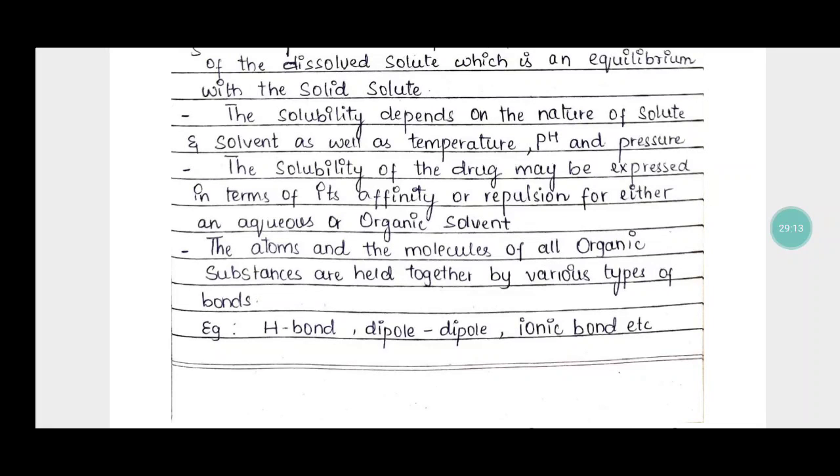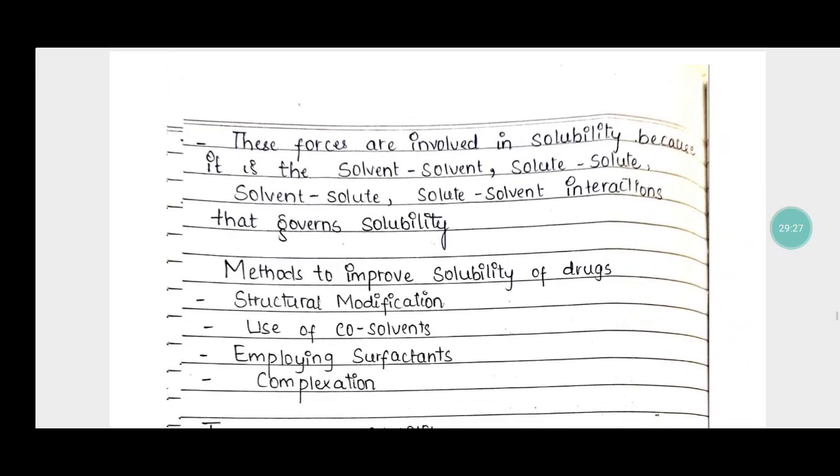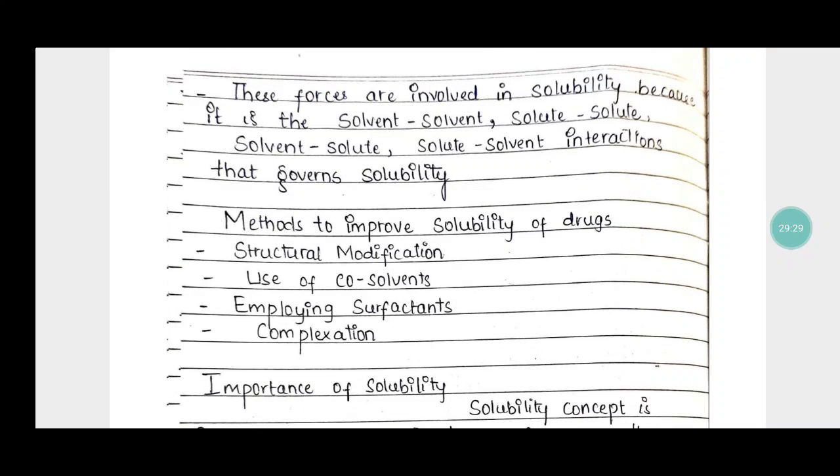The atoms and molecules of all organic substances are held together by various types of bonds, like hydrogen, dipole-dipole, ionic bonds, etc. These are the forces involved in solubility, because solvent-solvent, solute-solvent, and solute-solute interactions govern the solubility.